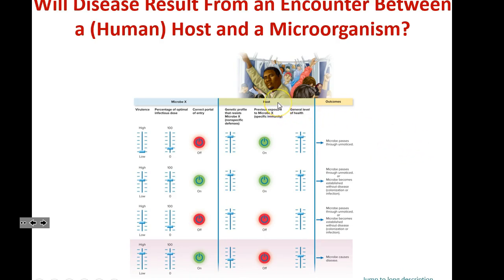Then we have the host, the genetic profile that resists microbe X, previous exposure to that microbe, on or off, general level of health.